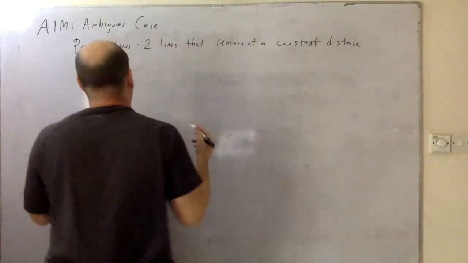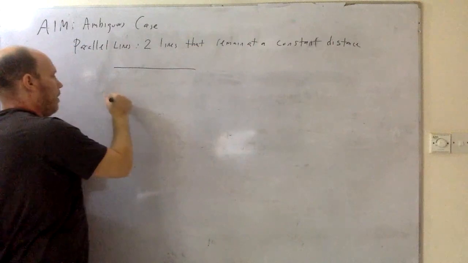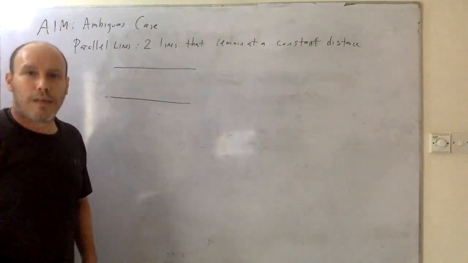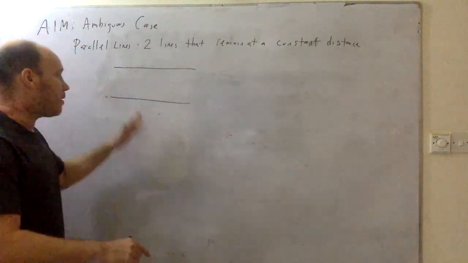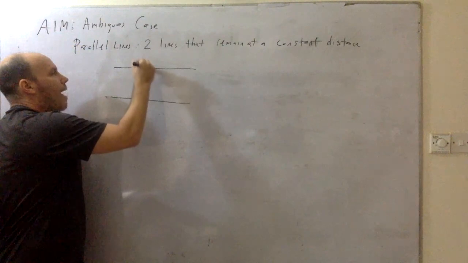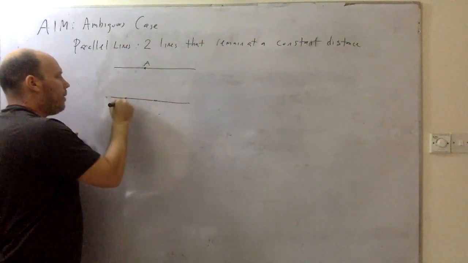Okay. So we draw our two lines. Can everyone see that? Yeah, it's good. Now what we're going to do is, on the top line, I'm going to put A, and on the base here, I'm going to put BC.